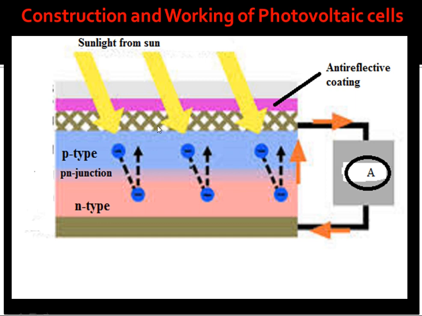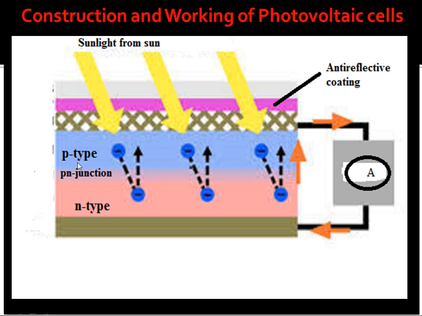A single PV cell is made up of a thin wafer layer of silicon semiconductor. This is a single chip of silicon semiconductor. It has to be differentiated into two layers.